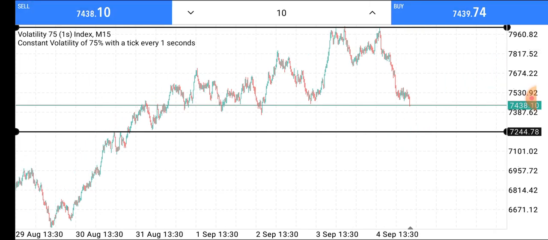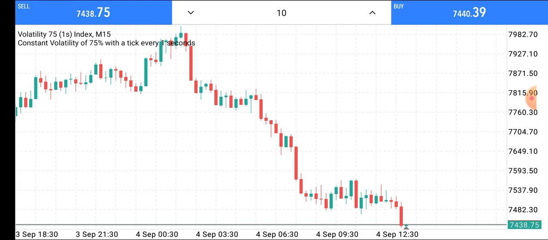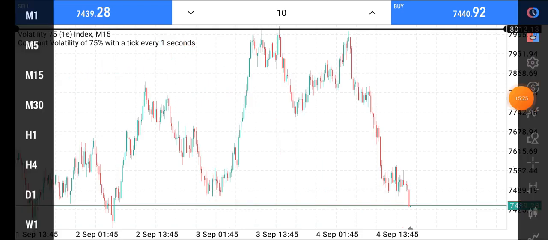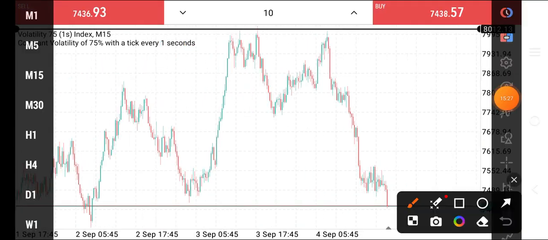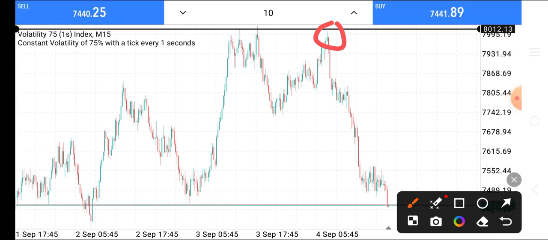If I should zoom this, you see that this is a supply. This is a supply candle. You get a supply signal candle, and this is the discount area.